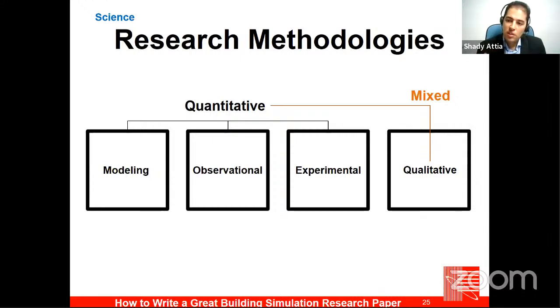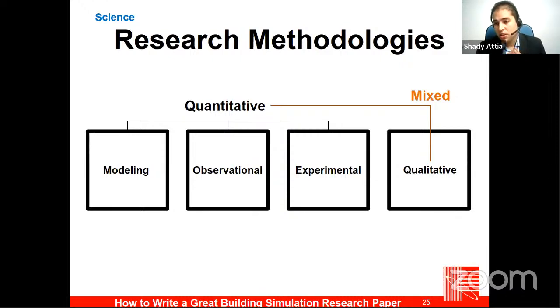Either you are doing qualitative research, which includes literature review, systematic reviews, interviews, focus group discussions, case studies, usability testing, and so on. Or you are doing quantitative research, and under quantitative research, it is either experimental work or observational work through surveys and measurements, for example, or you have a modeling work.